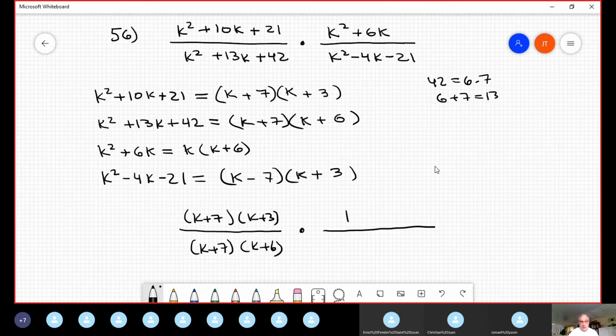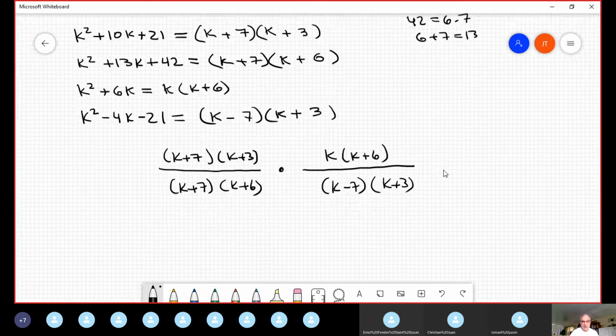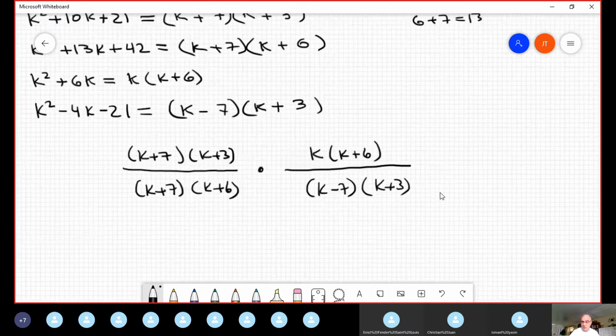The binomial was k times k plus 6. The last one was k minus 7, k plus 3. Now I am ready for simplification: cancel out the common factors.